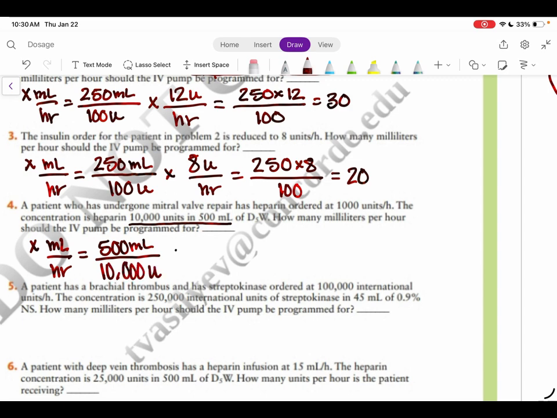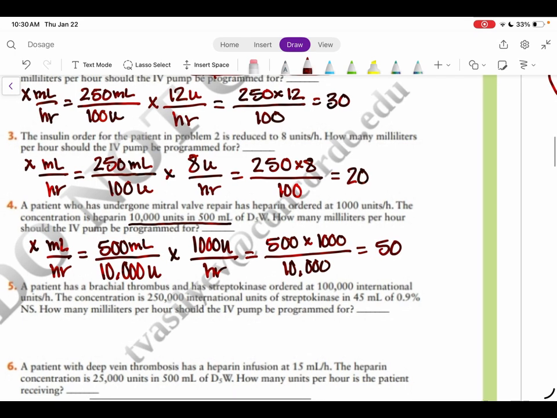My order says 1,000 units per hour. So we're gonna do 500 times 1,000 and divide by 10,000. I get 50. Okay.